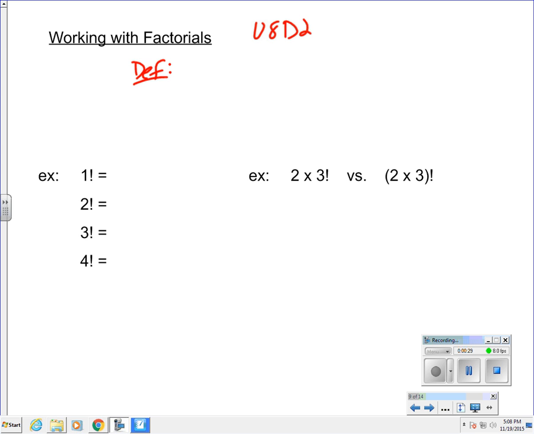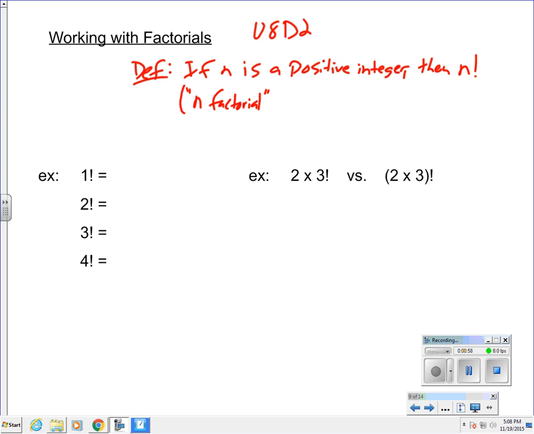So definition, if n is a positive integer, then n, the exclamation point, which is n factorial, the way we say that, is a product, a multiplying of all positive integers from n down through 1.